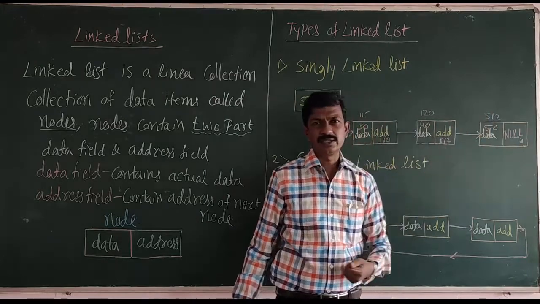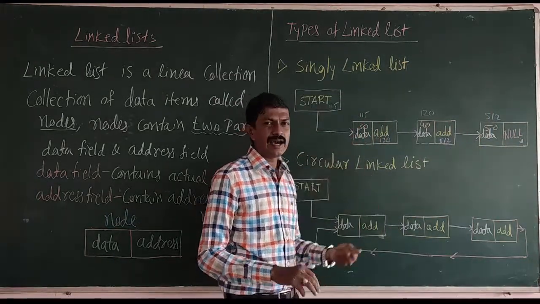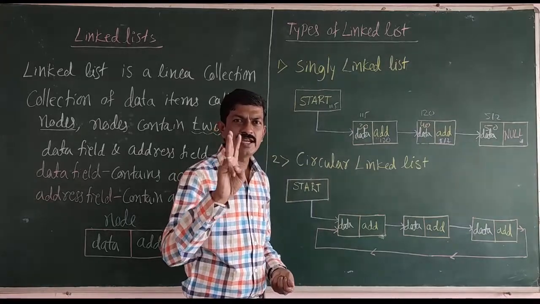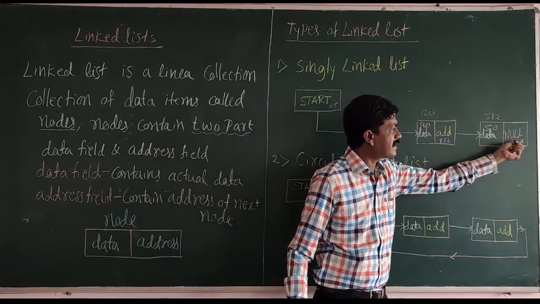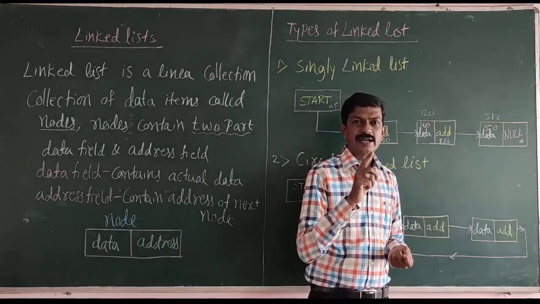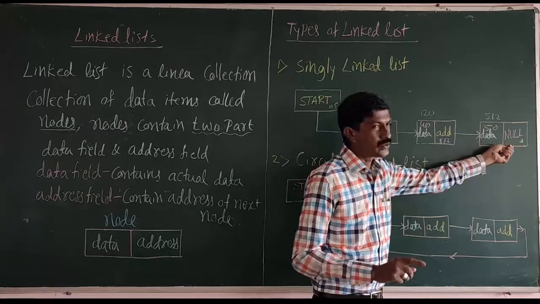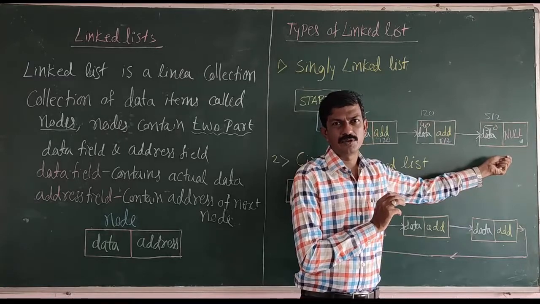Why does the address field contain a null pointer? Because in this data structure I have collected only three nodes. If we mention any address here, it redirects the link to some other data item in the computer memory.